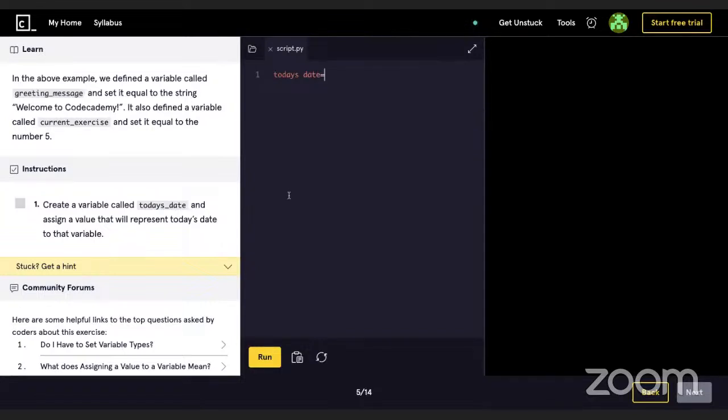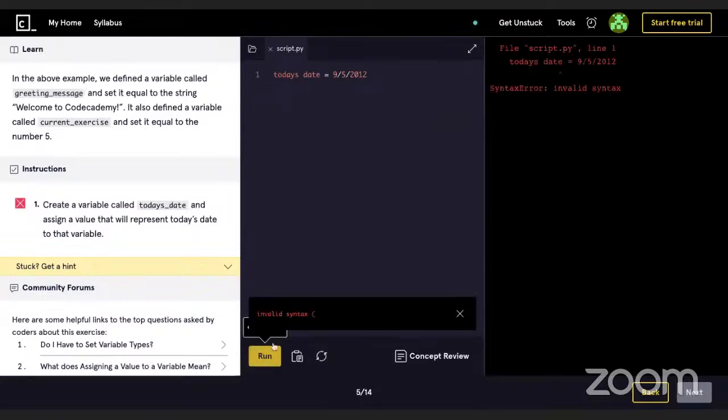I think today's date doesn't have to be today's date, it could be any date. I think you have to put an underscore. Yeah, that's right. You need to put a space between the equal. And you need to put like a line down. Okay. So what else do you need to do? What else do you need to fix?